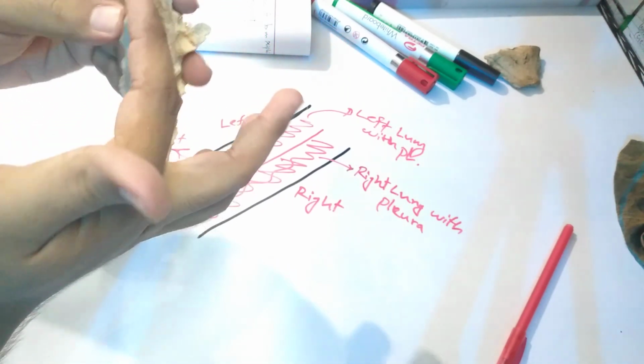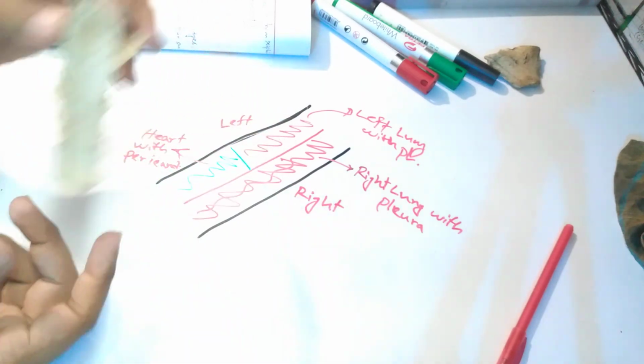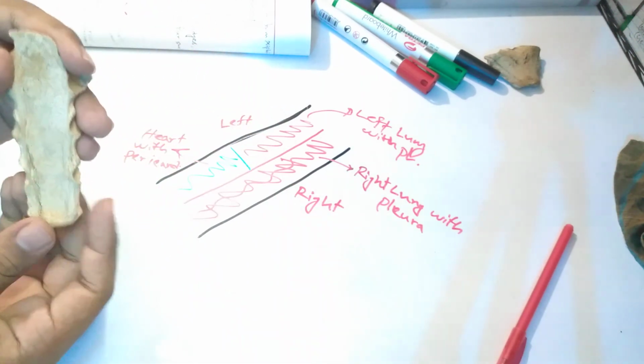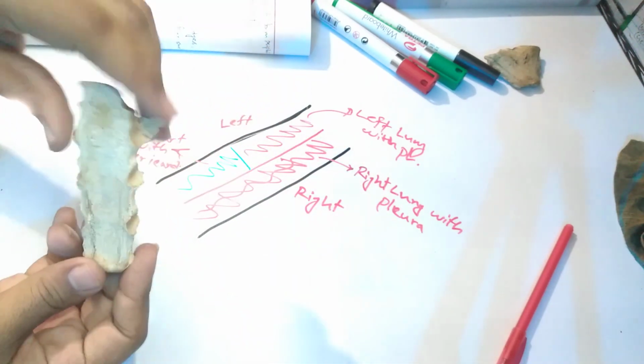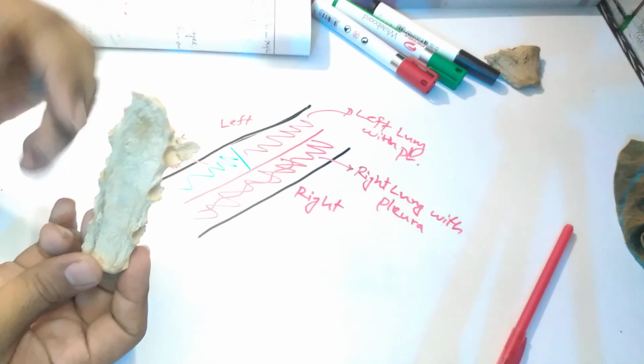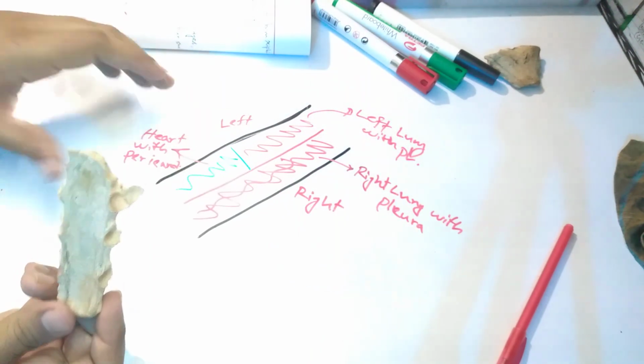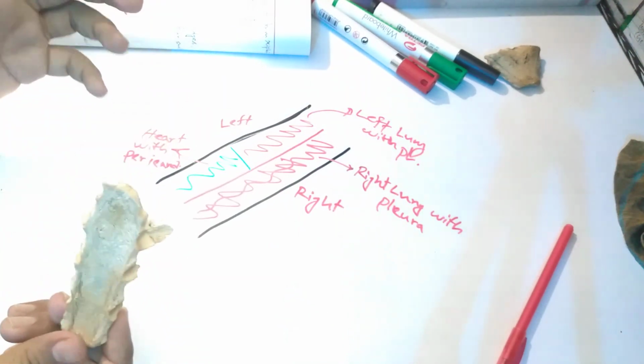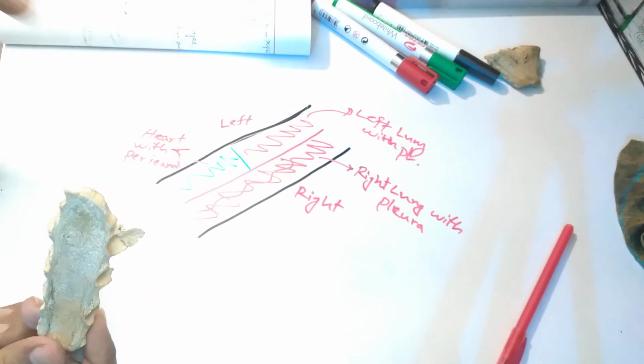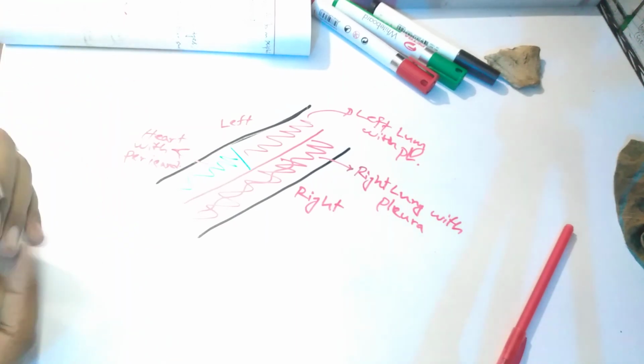That means the whole right side relates to the right lung with pleura, the upper half of the left side relates to the left lung with pleura, and the lower half of the left side relates to the heart with pericardium.